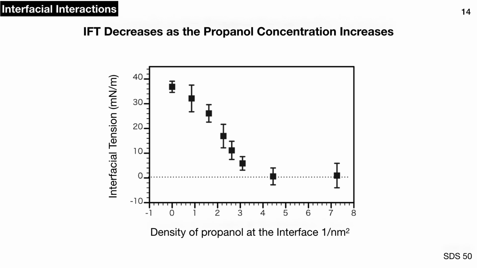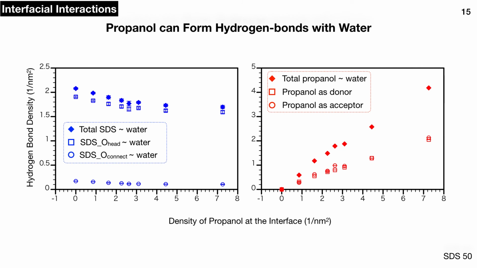We studied the interfacial tension changes as the propanol concentration increases as well. As we see from the figure, the interfacial tension decreases as the propanol concentration increases. And in order to further study why this happens, we analyzed the hydrogen bond formation between SDS and water and between propanol and water.